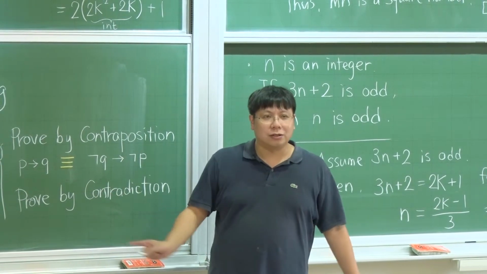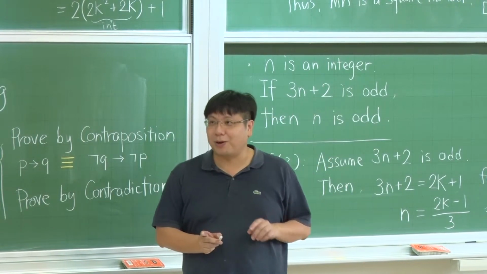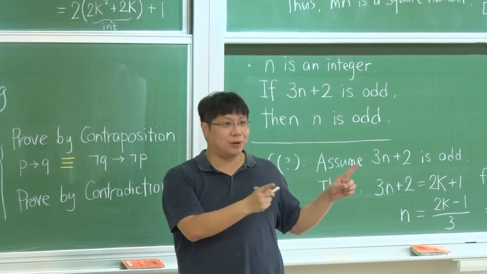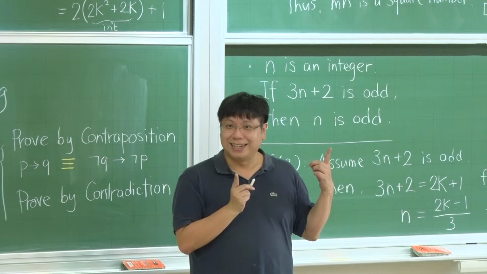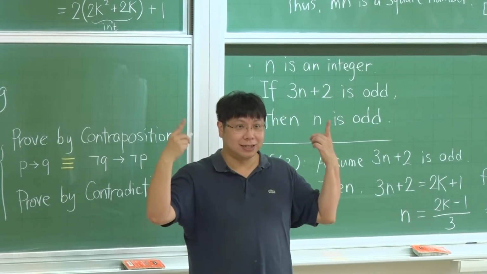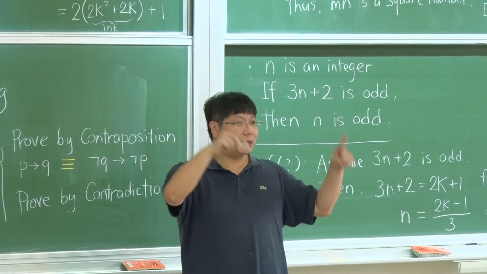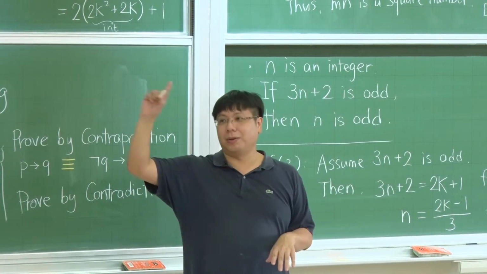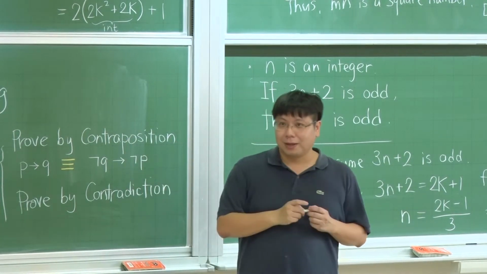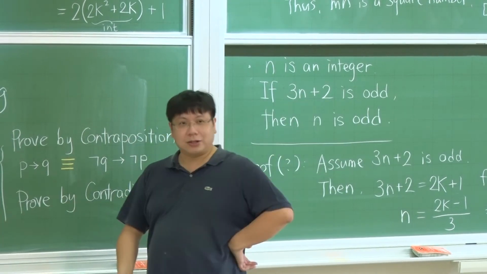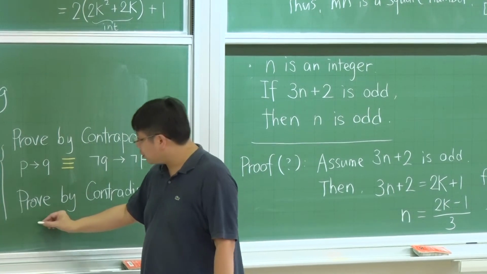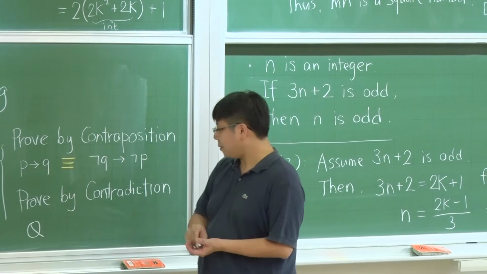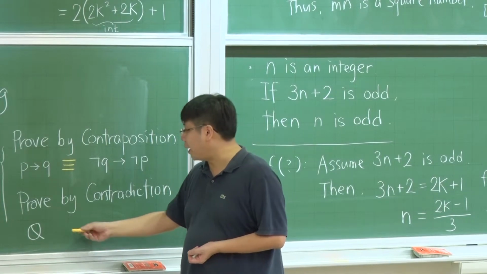How about contradiction? I hope you still remember what is meant by contradiction. Contradiction is a special word in logic. What does that mean? Always false. Always true is called a tautology. Always false is called a contradiction. So proof by contradiction is like this: if I want to prove a certain statement Q, I'm not proving Q directly.